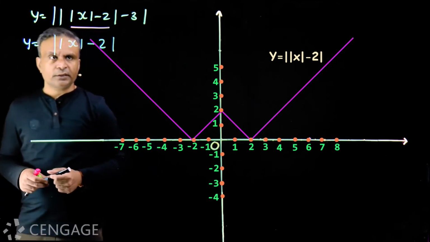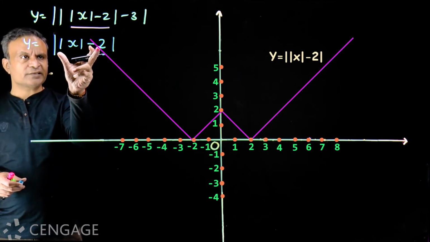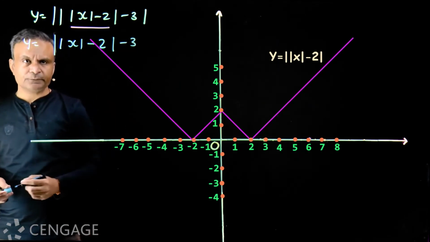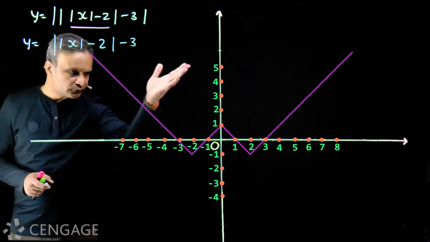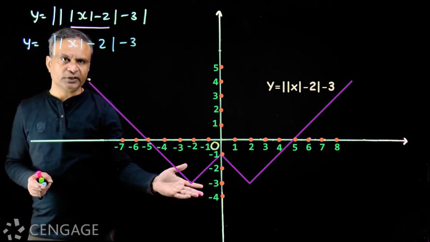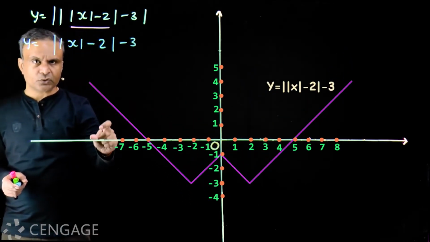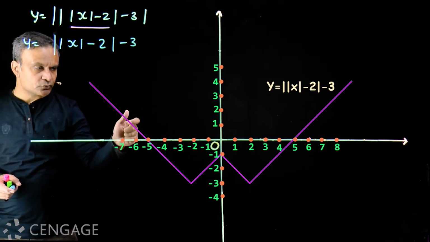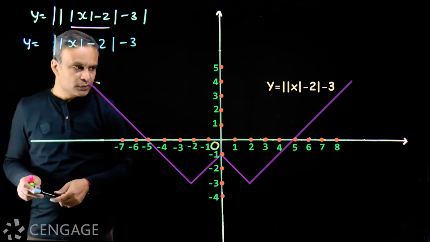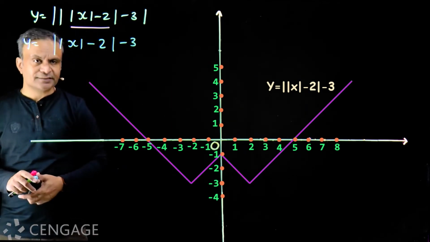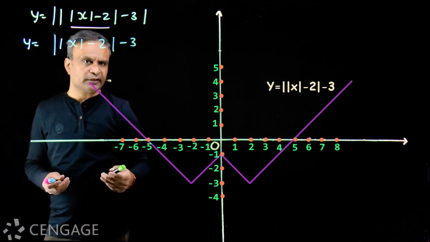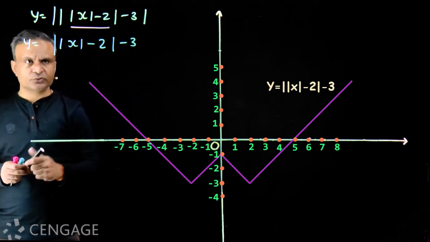Then we get the graph of y is equal to this minus 3. For that we shift this graph 3 units downward. So this is the graph of modulus of modulus of x minus 2 minus 3. The graph intersects the x-axis at x is equal to plus minus 5. We can get the points of intersection by comparing this to 0.